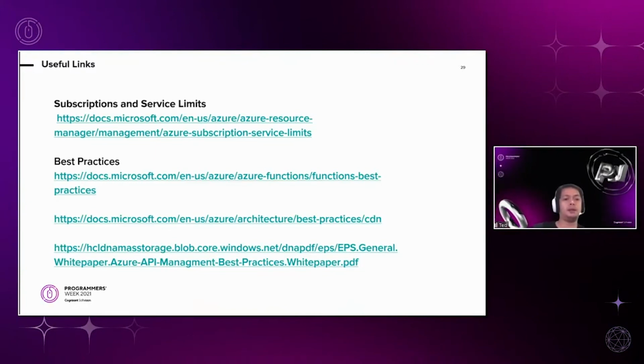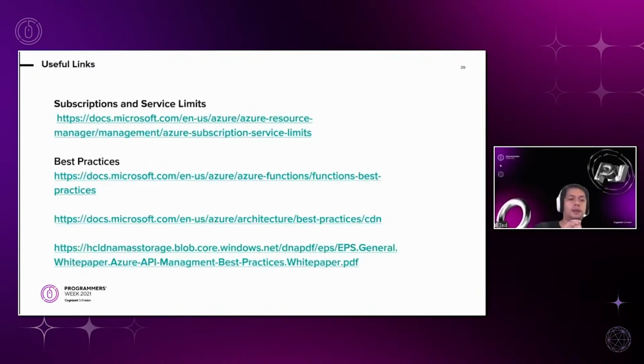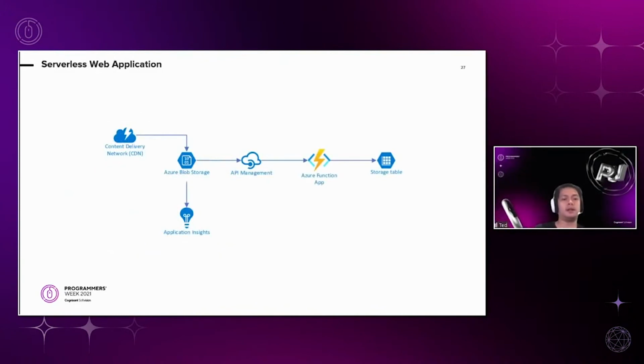This link here provides you the complete details around that. Also, we don't have time to talk about the best practices, but one of the best practices I would say is, if you feel you need more security because your application, even though it is a static application, contains sensitive information, you can take a look at implementing a web application firewall.